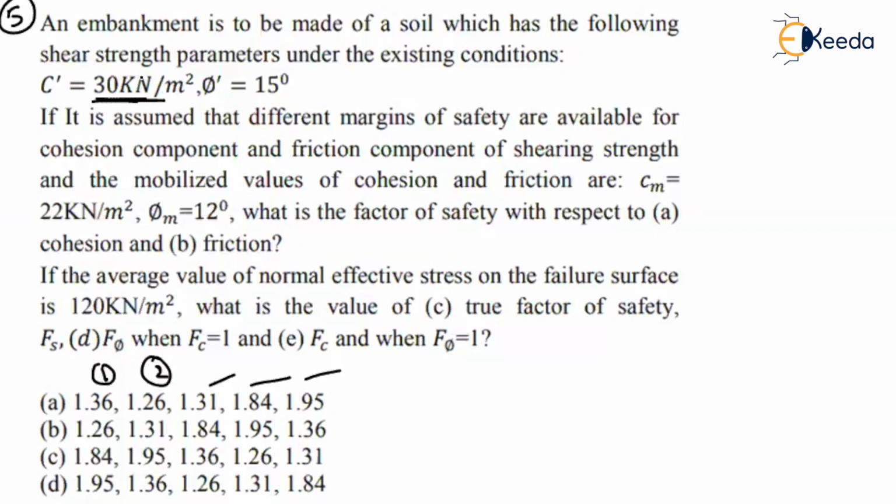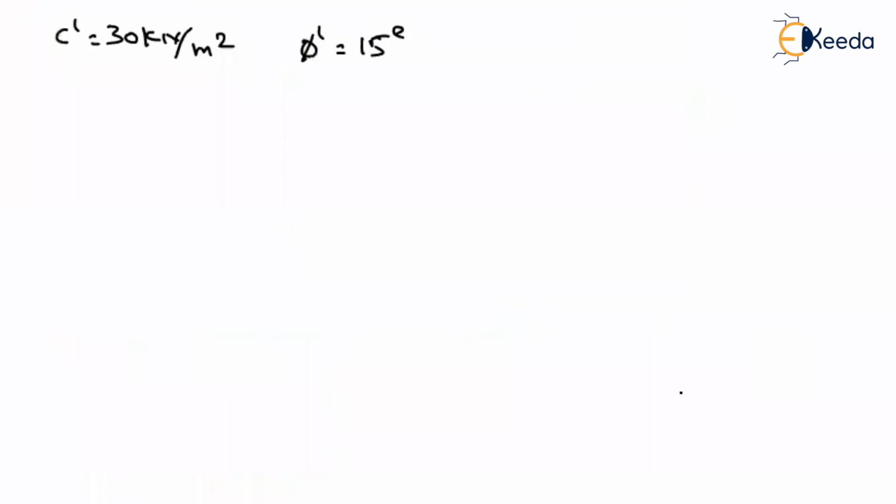That means instead of using the complete amount, with some factor of safety, we decrease it to some mobilized values. We will check only up to Cm equal to 22, phi m equal to 12. So the mobilized values are Cm equal to 22 kilonewton per meter square, and phi m equal to 12 degrees.